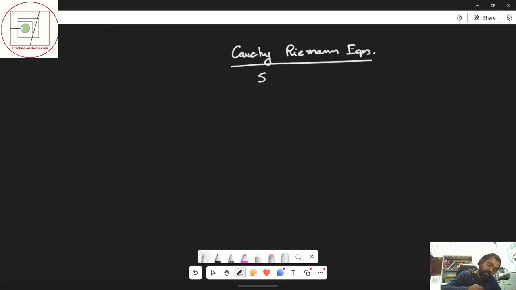In order to do that, we need to understand Cauchy-Riemann equations, and we need to understand stress functions, and we also need to understand the basic behavior of the functions in stress strain space.